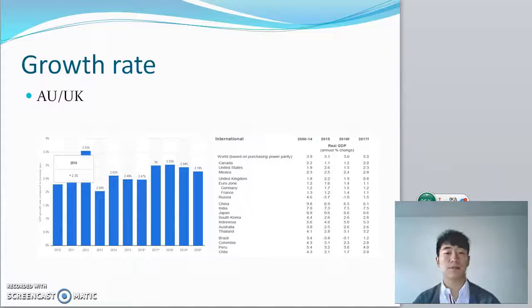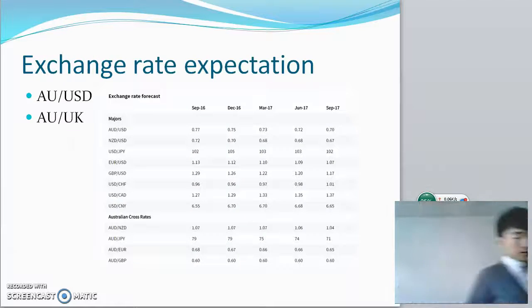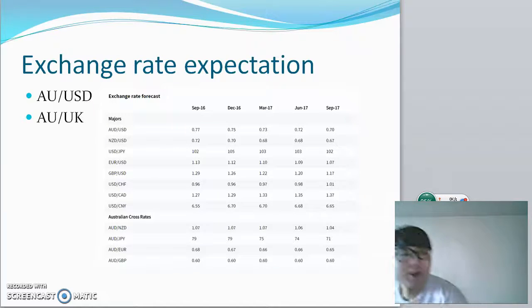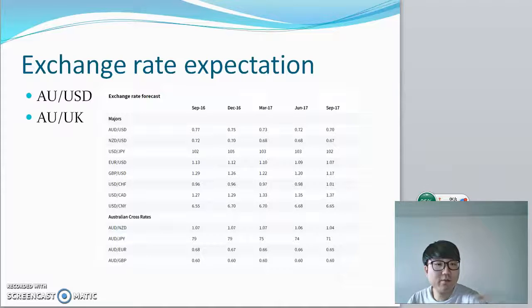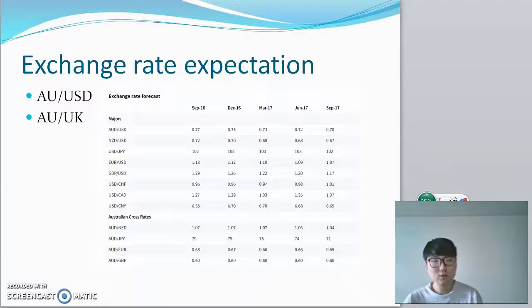Okay, and next part is the exchange rate. As the graphs show above, we can see the exchange rate of AUD and USD decreasing from September 2016 to March 2017, which is the same as the prediction from inflation rate.